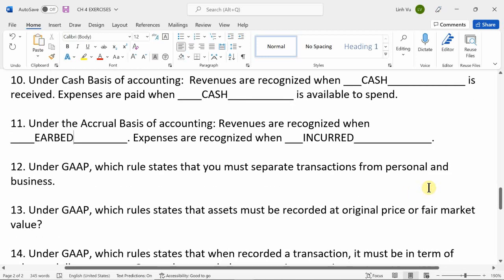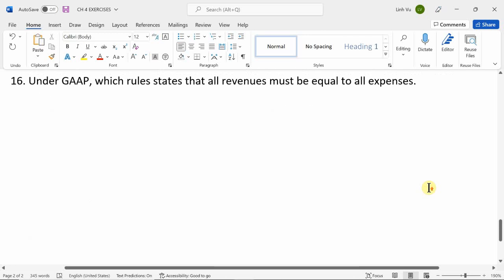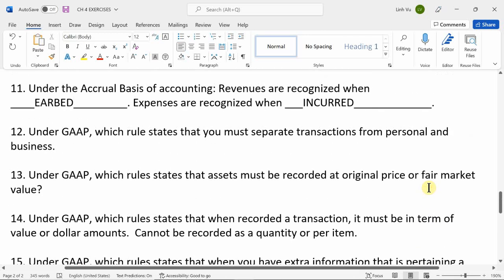Okay. All right, so the next couple questions are going to be testing your knowledge on the rules of GAAP. So, number 12, under the rules of GAAP, which rule states that you must separate transactions between personal and business?